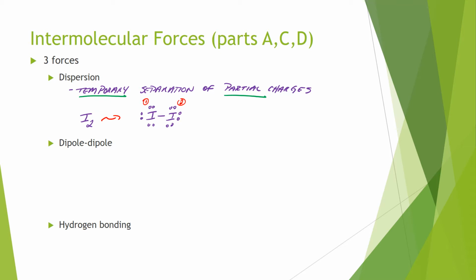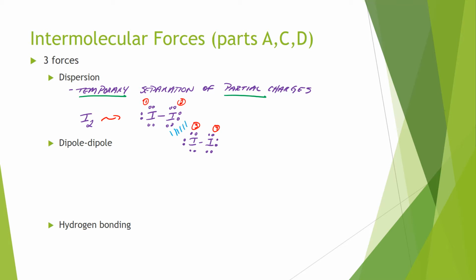So how can we get partial charges here? Remember, we're dealing with intermolecular forces, so let's bring in another iodine molecule, and we'll call this 3 and 4. As we bring these two iodine molecules together, the first thing that happens is that our lone pairs start to interact with the electrons on the other iodine molecule, right in between here, in those blue lines.